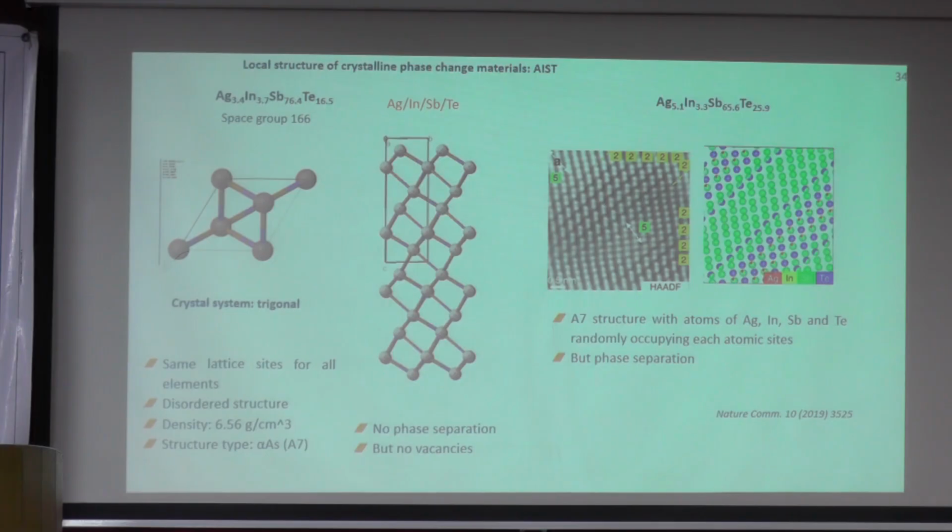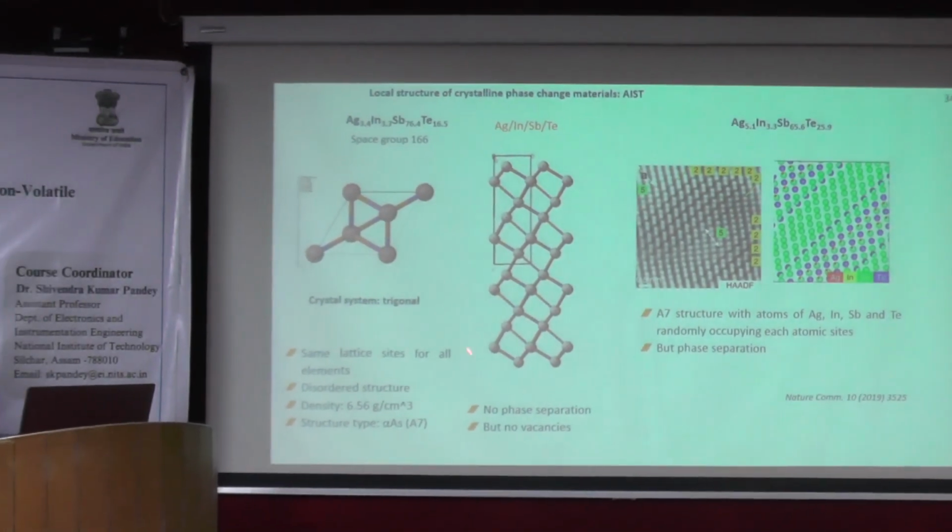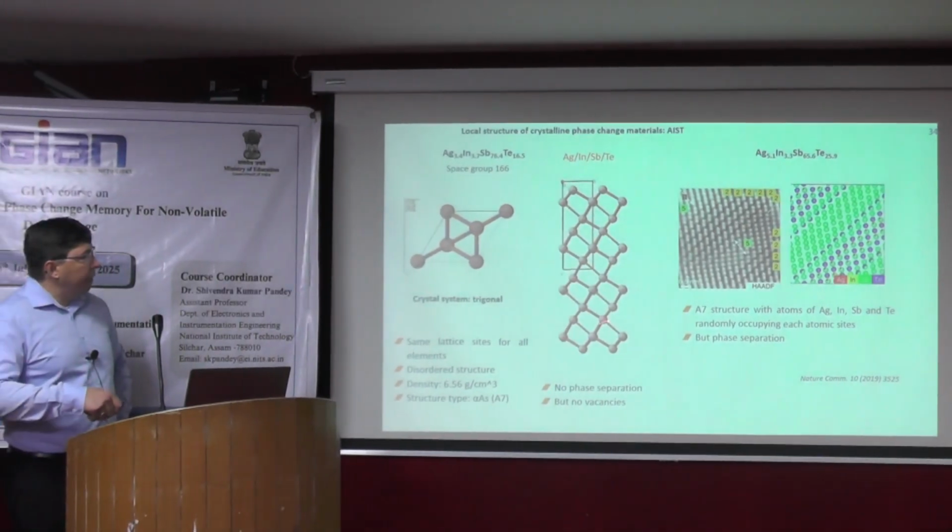The interesting thing in this system is the same lattice site for all types of atoms. So silver, antimony, indium, antimony telluride, they occupy the same site. This is also a disordered structure, but it has no vacancies. If you look from the A direction, then you see there are no vacancy layers, and also there are no vacancies on the side.